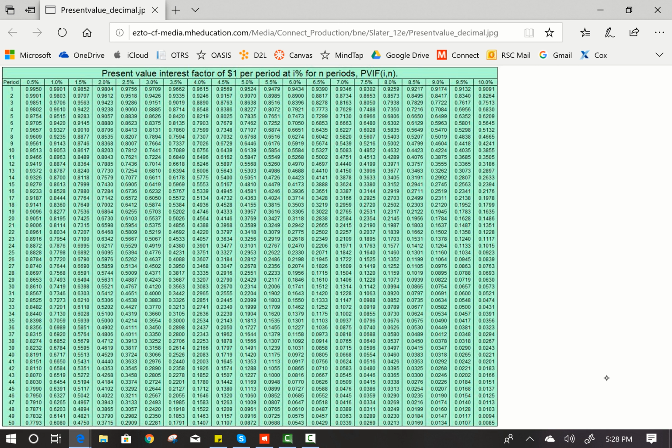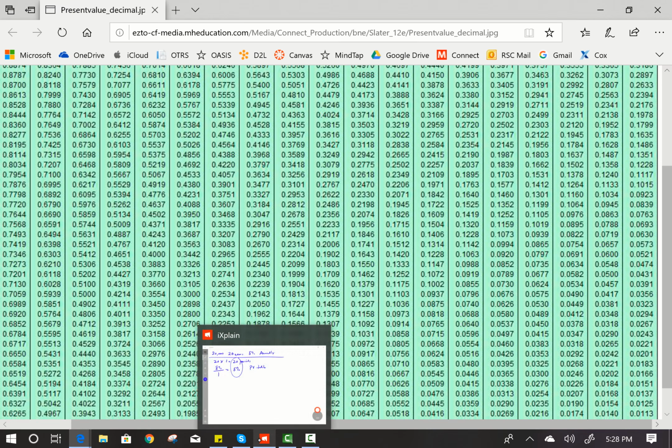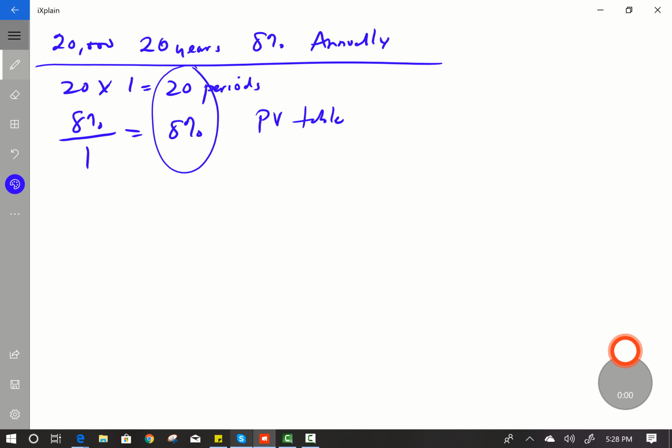Believe that one's it right there. Oops, I lost it. Okay, but you do find the corresponding factor. I think I lost that one on there really quickly, but I'll just tell you which one it is. And we'll take $20,000 times the present value corresponding factor of 0.2145, and that will equal the present value of $4,290.